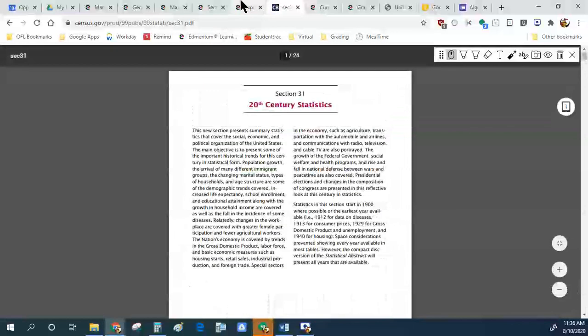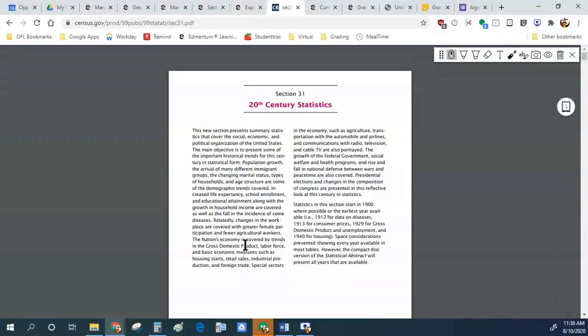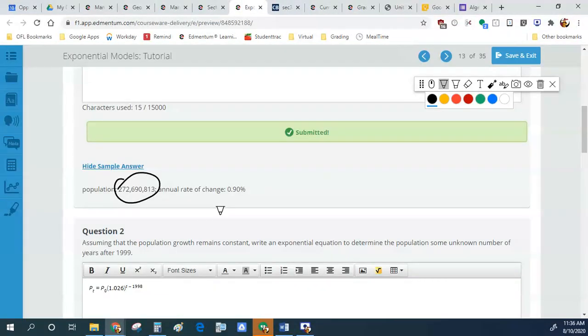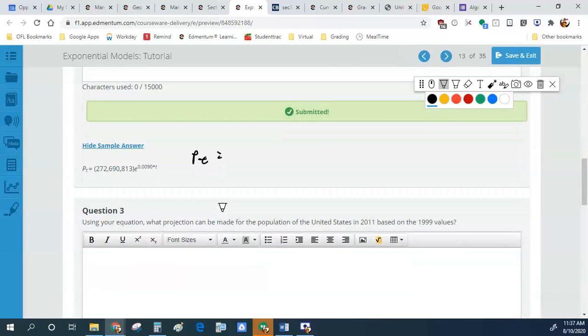I find that weird, especially because it says 20th century, and last time I checked, 1999 is in the 20th century. So we're going to put down the population at 1999. It's going to be an exponent, and this is going to be our percentage. Does that make sense?